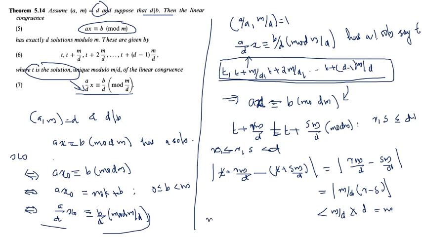That means m does not divide (t plus r times m by d) minus (t plus s times m by d). That means this number is not congruent to 0 modulo m. That means t plus r times m by d minus t plus s times m by d is not congruent to 0 modulo m.